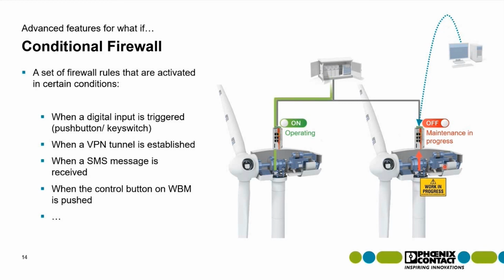At this moment, this wind turbine is isolated from the whole system, so it's safe to do changes and maintenance. Once you have finished, you can switch the key switch back to on, and then the wind turbine goes back to work, and the data traffic goes back to the substation.